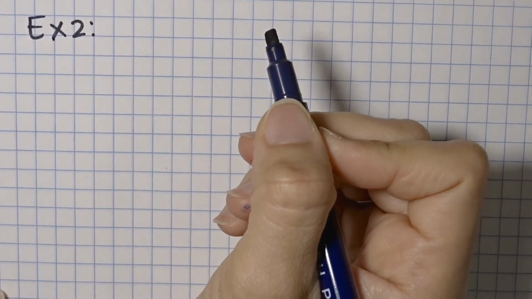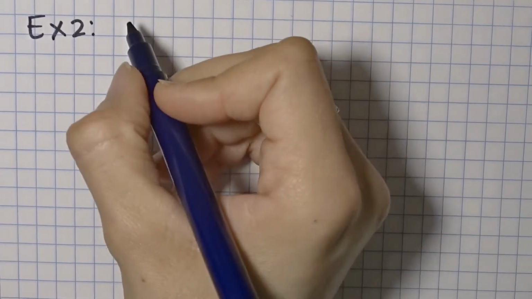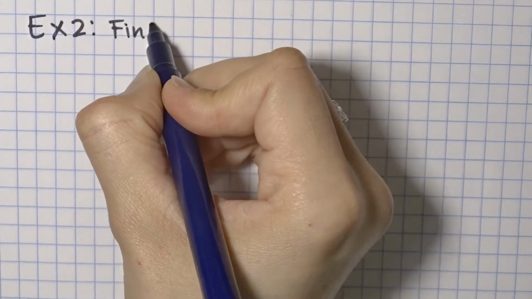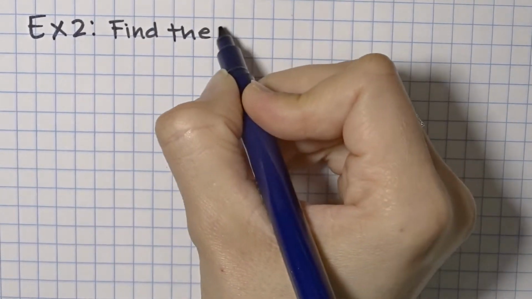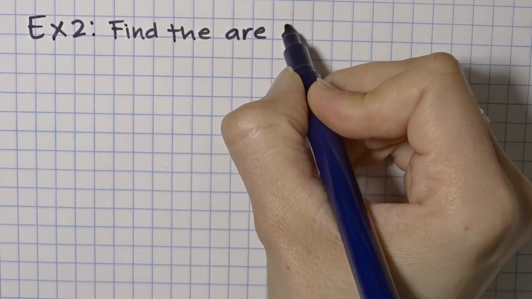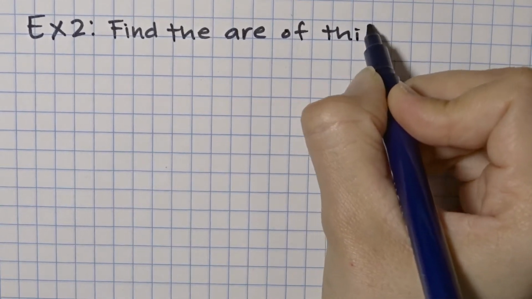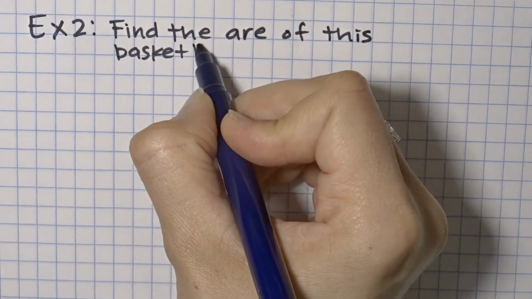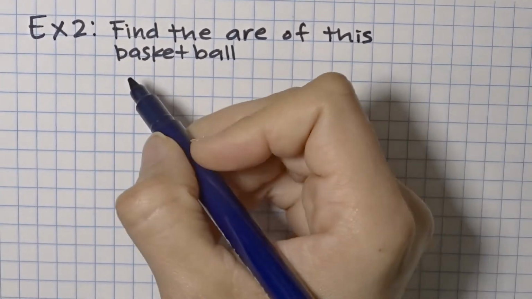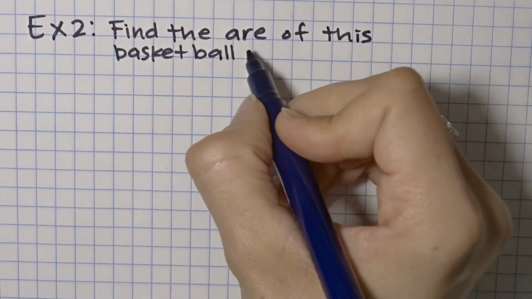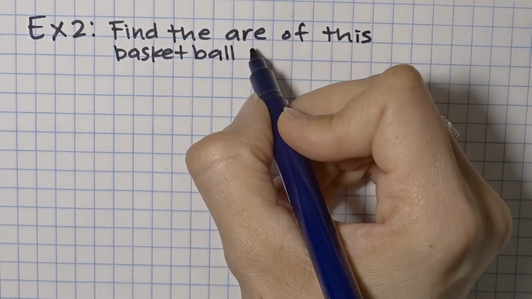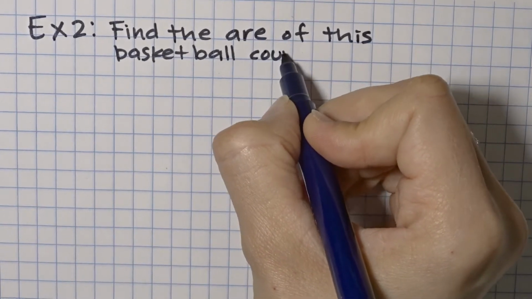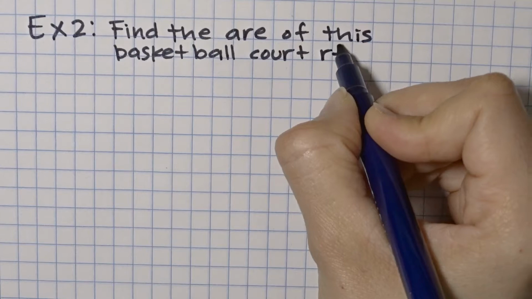All right, so let's look at example 2, an application of this. Find the area of this portion of the basketball court shown. Cutting it into less words: find the area of this basketball court region.